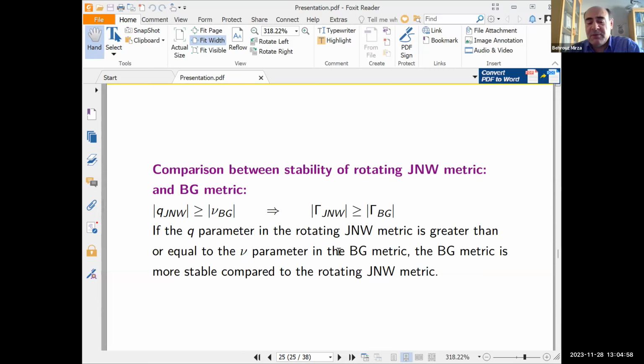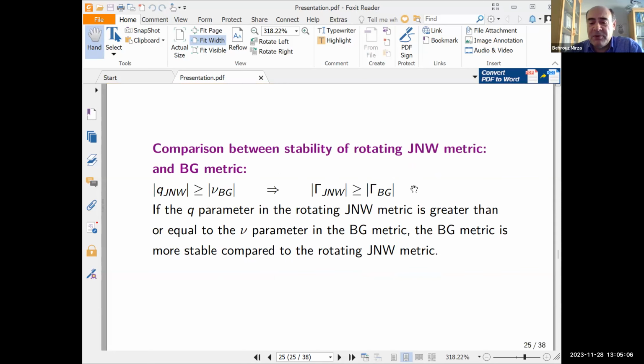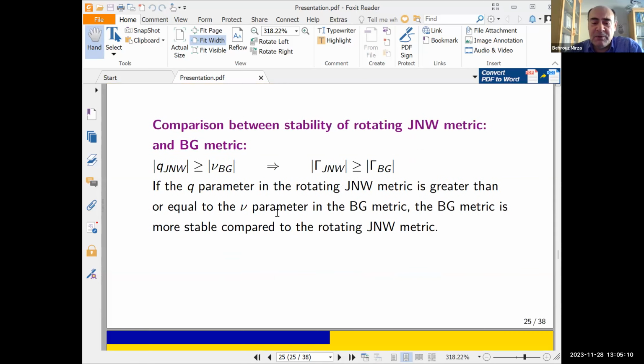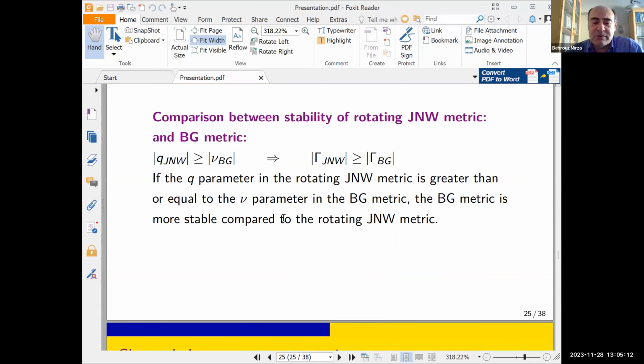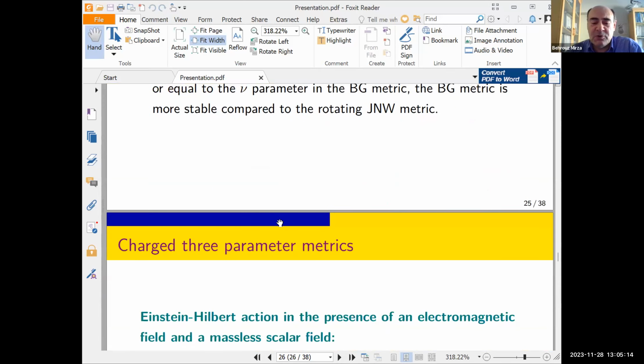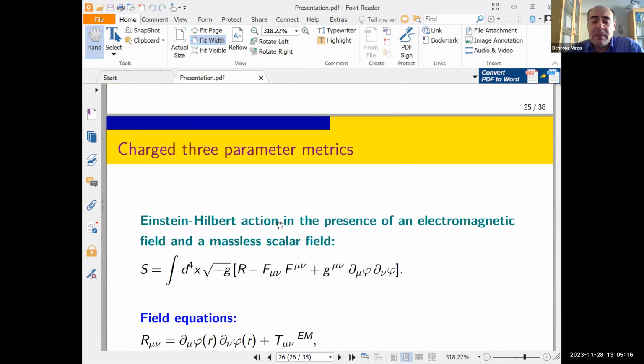We can find the stability of these metrics by using quasi-normal modes. We haven't done too much work on this topic, and it can be done in the future by other people, or we may also do some more calculation using quasi-normal modes.